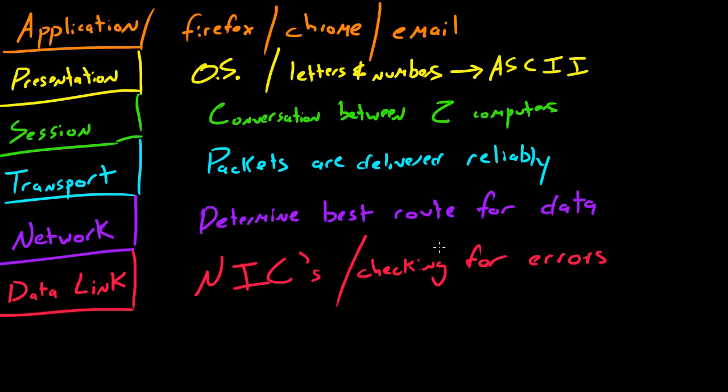And if there's an error in your data, it's going to go ahead and send that data again. And that is another way that we ensure reliable transmission of data between one computer and the other computer. So again, if you say, I have a bad NIC or my NIC's broken, then that means that there's a problem with your data link layer.